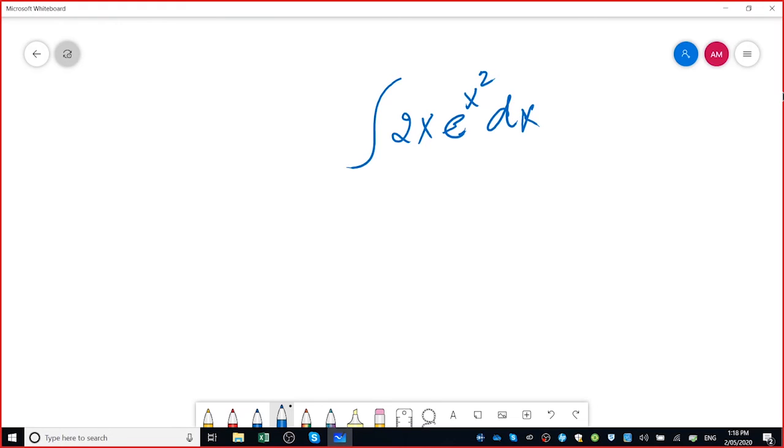Can you solve this? Yeah, the answer would be e to the power of x squared, plus c.